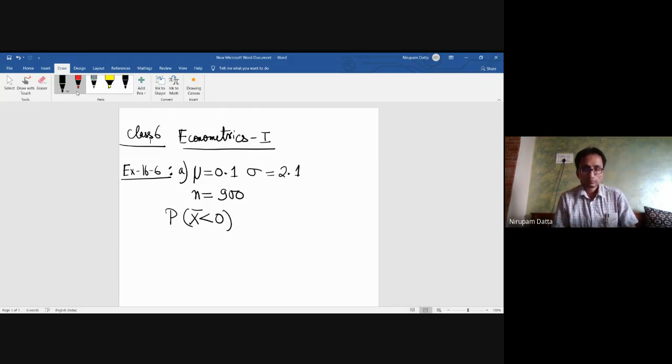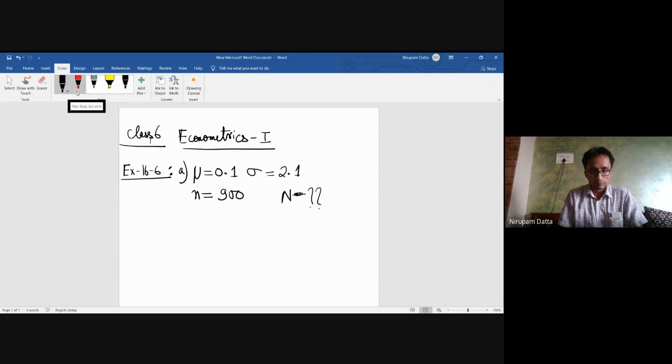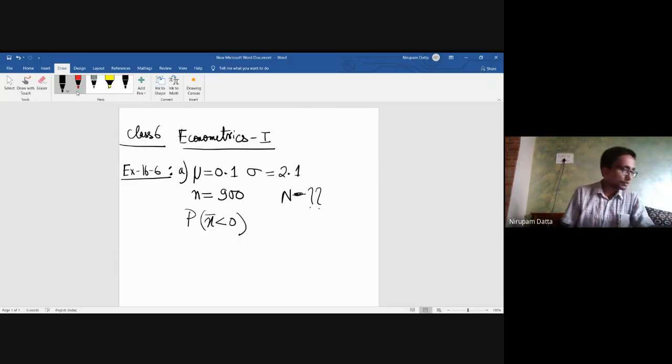Now, population mean, population standard deviation and sample size have been given, but we don't know anything about capital N, the population size. So this is not known to us. We have to find the probability that x bar, the sample mean, is less than 0.